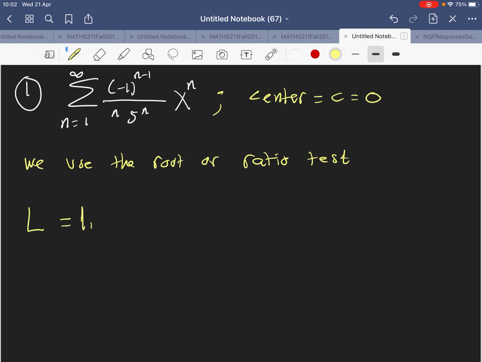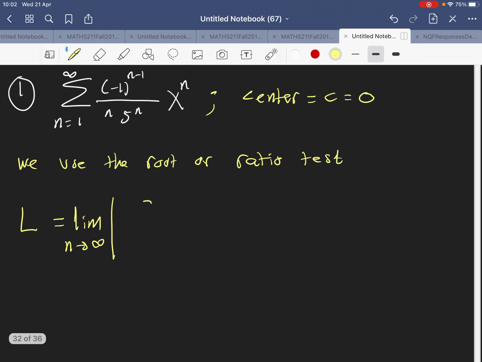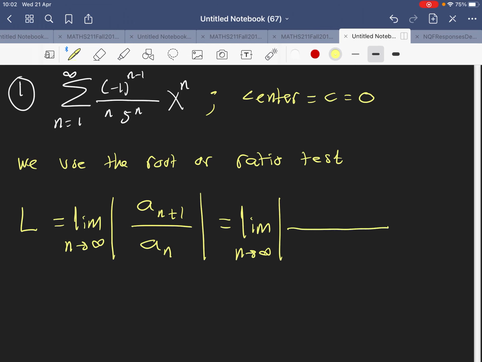You need to find the limit as n goes to infinity of a_(n+1) over a_n. And here, a_n is everything including the x. So a_n is everything. This is a_n. So we go ahead and write it.